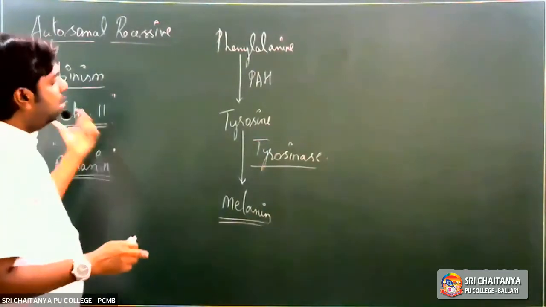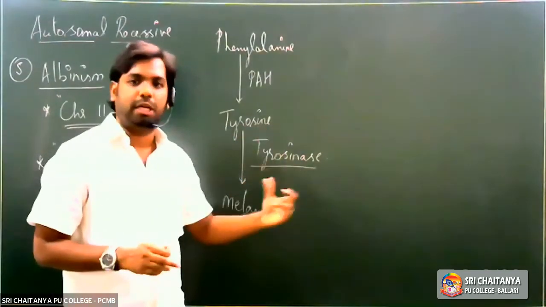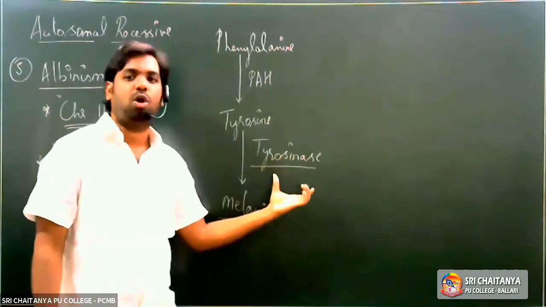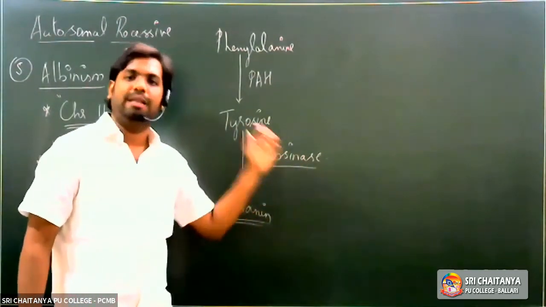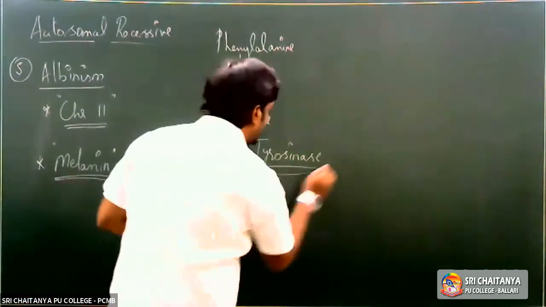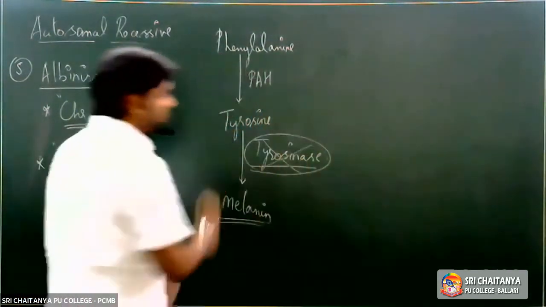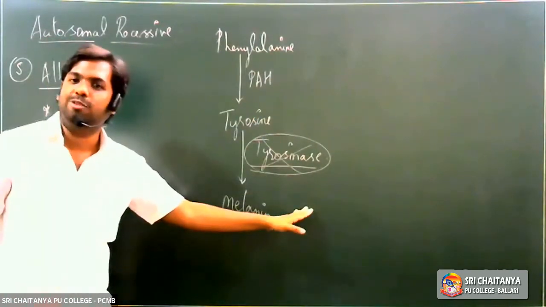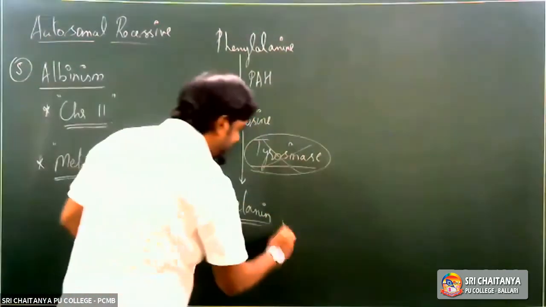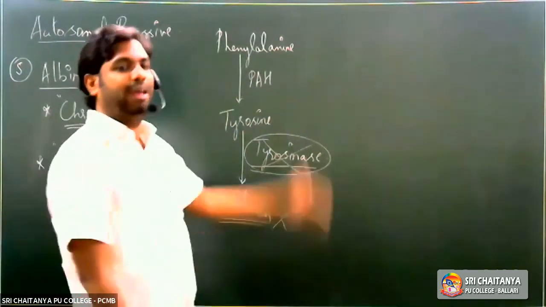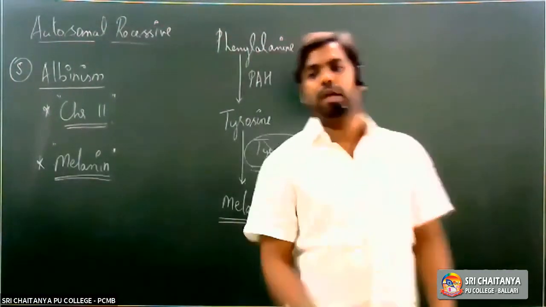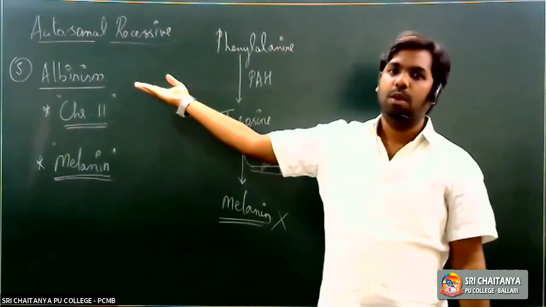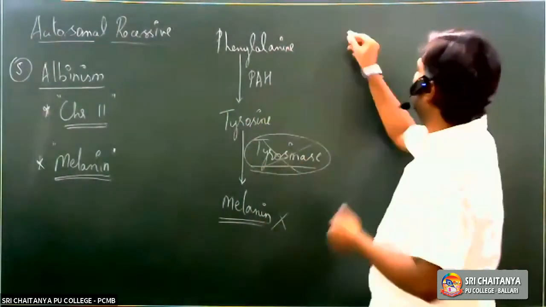Because of the mutation in the gene coding for tyrosinase, the enzyme tyrosinase is not produced. If tyrosinase is not produced, there is no melanin secretion. If there is no melanin secretion, it leads to albinism, where there is no pigmentation.